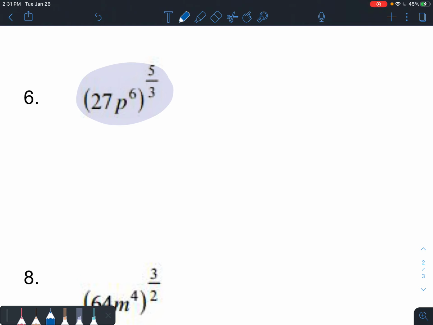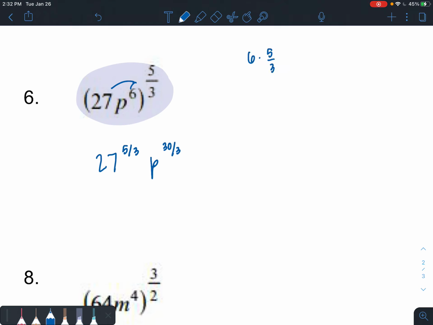So I've got 27p to the 6th, all to the 5/3. So I'm going to combine that idea where we're distributing that through. So I get 27 to the 5/3, p to the 30/3. We'll just leave it like that for now.